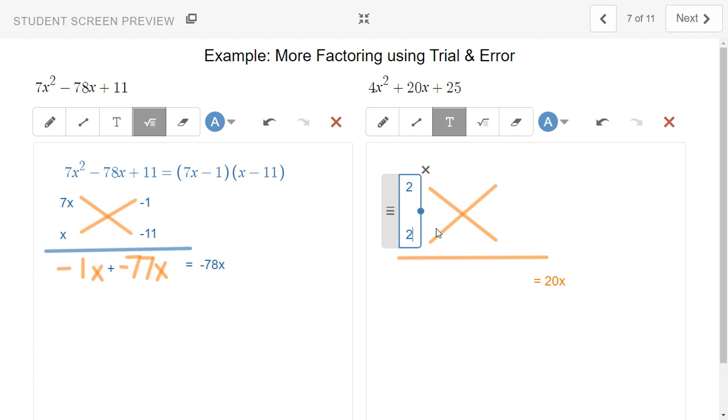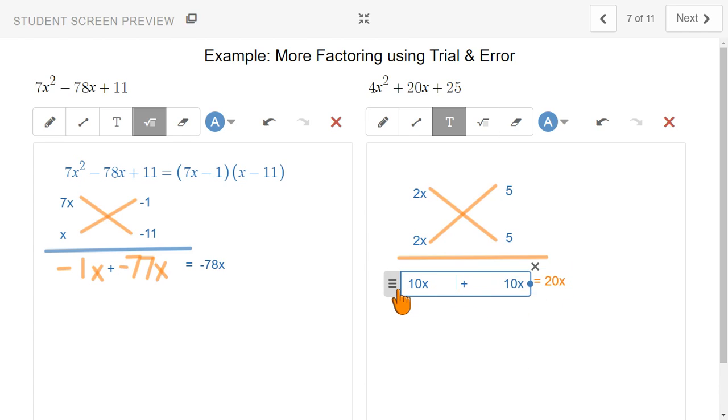Let's try 2 and 2. Oops, let's make it 2x. And then if I have the 25, I could do 5 and 5. When I cross multiply them, I have 10x plus 10x. So this time it does work out to 20x.